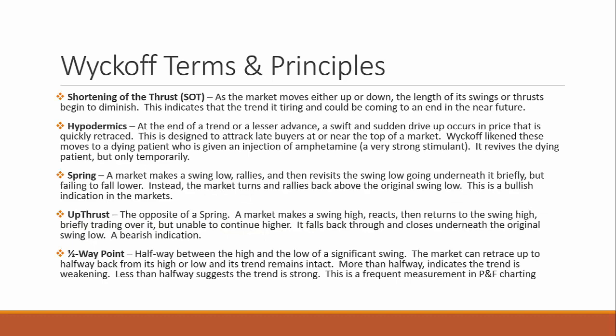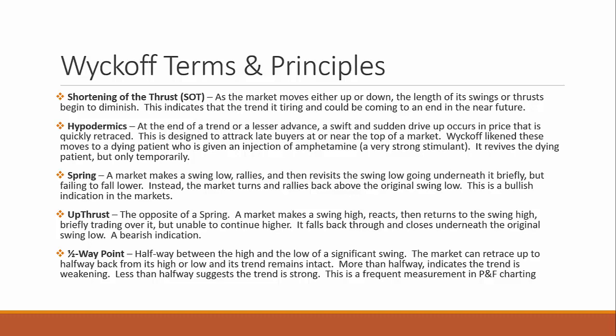Shortening of the thrust. We certainly mentioned this. As the market moves either up or down, the length of its swings or thrusts begin to diminish. This is what we're looking for. We're always measuring the length of the swings or the thrusts, if you will, in a market movement.